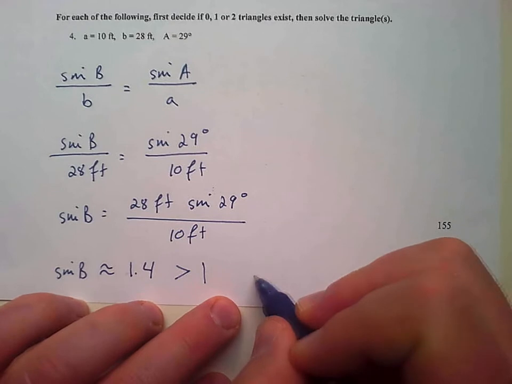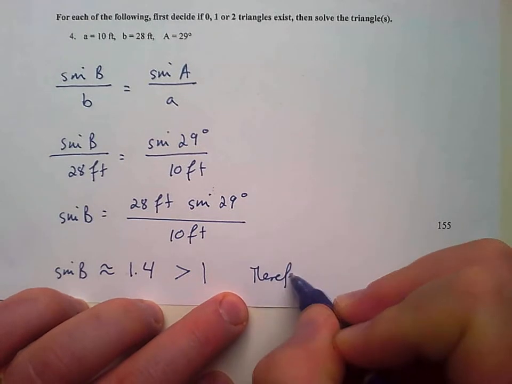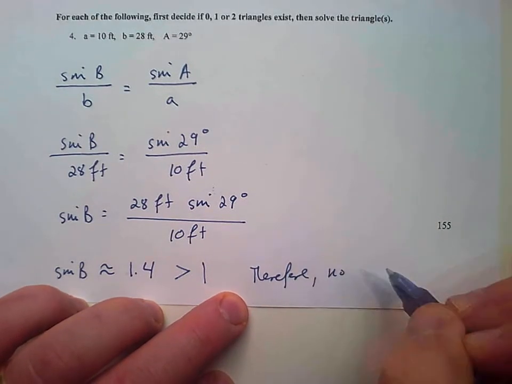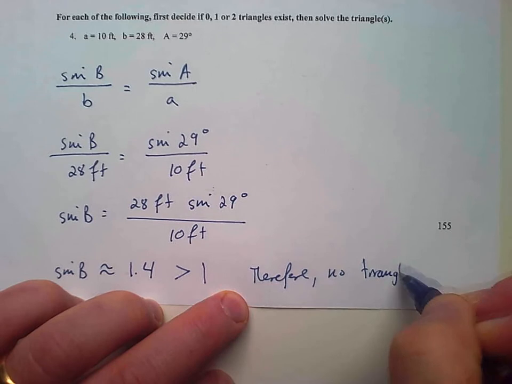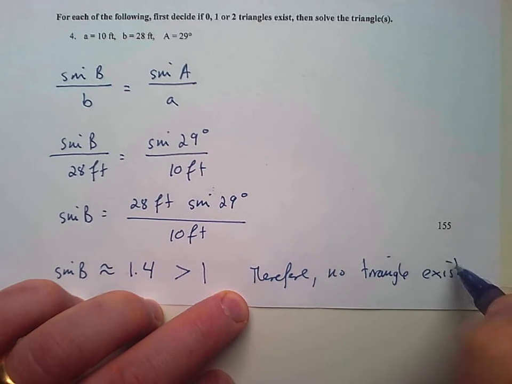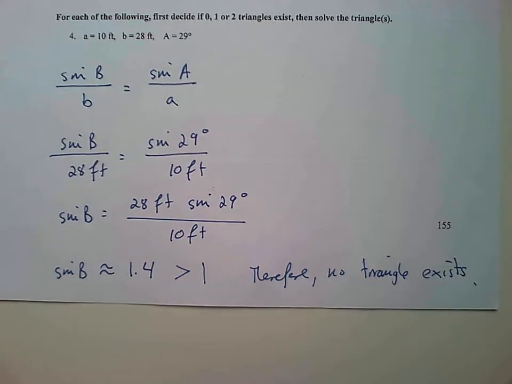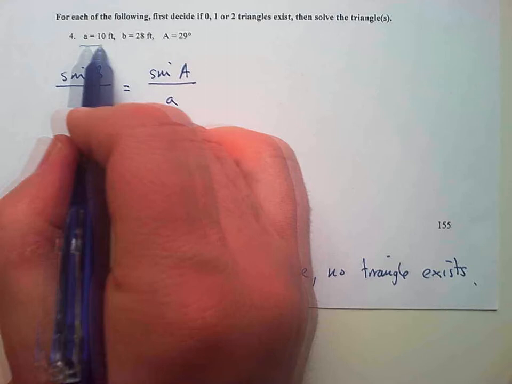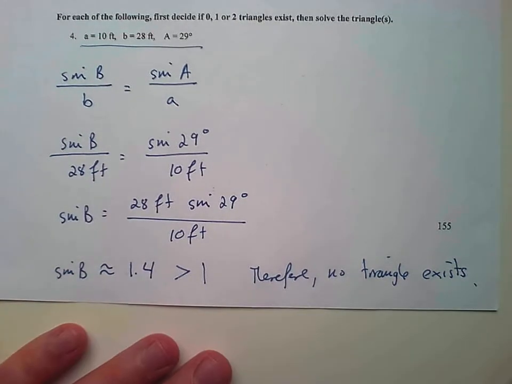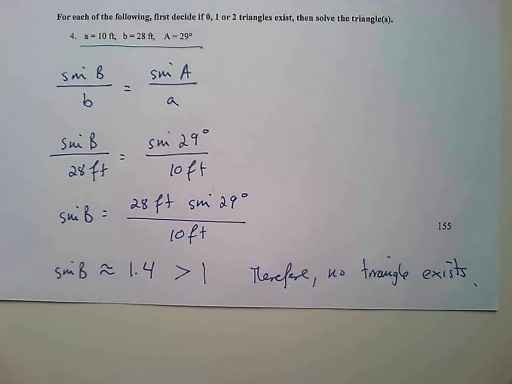Therefore, no triangle exists with these characteristics, so we cannot solve this. Those two sides and the angle that we were given simply cannot create a triangle.